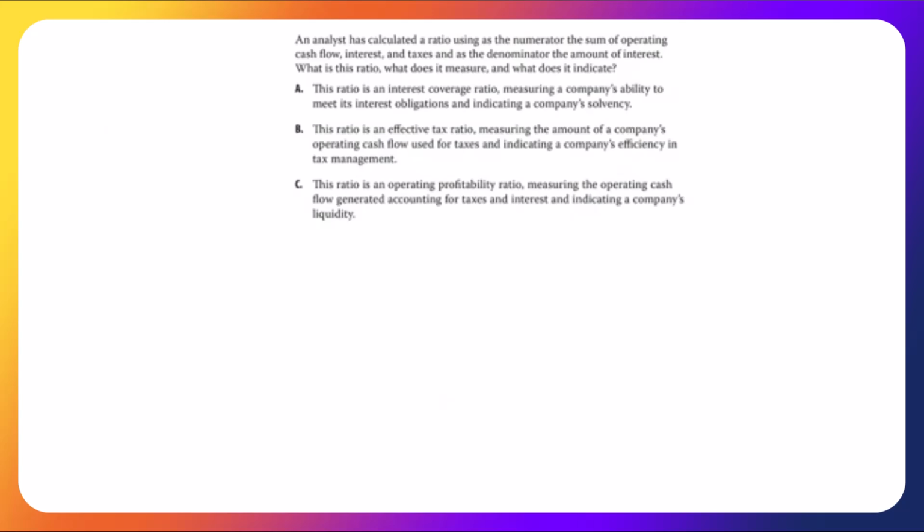An analyst has calculated a ratio using as the numerator the sum of operating cash flow, interest, and taxes. So we've taken operating cash flow, added back interest and taxes, and as the denominator, the amount of interest. What is this ratio? It's how much we've got available to meet our interest payments.